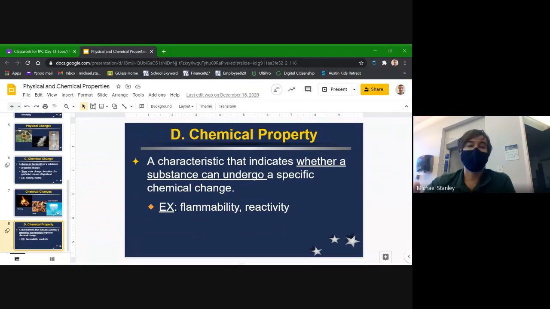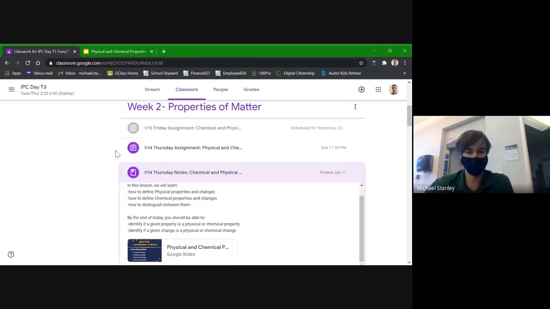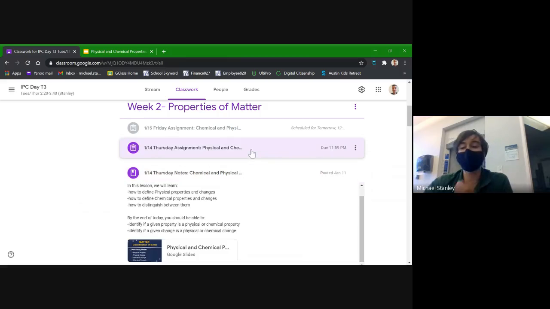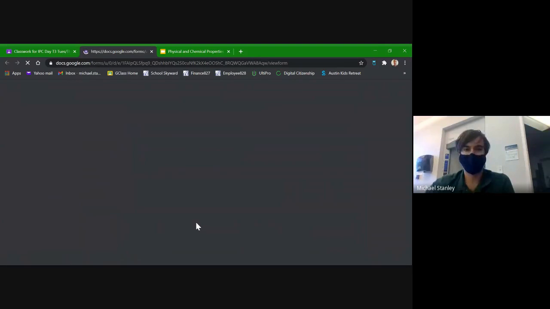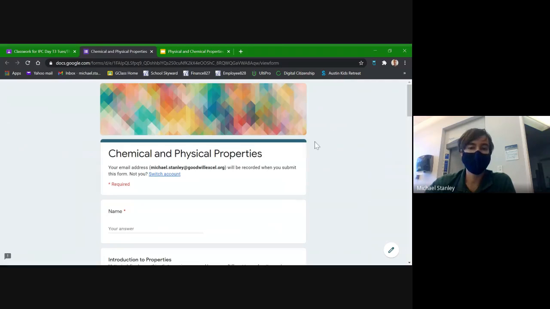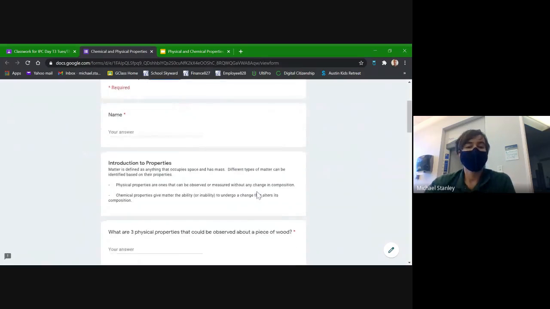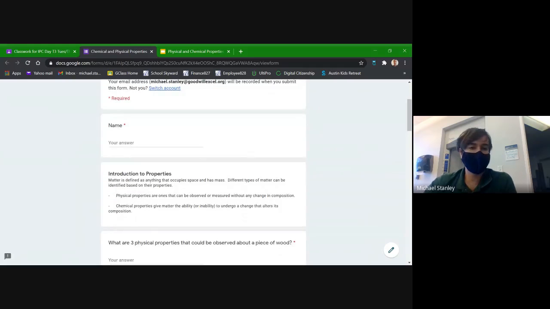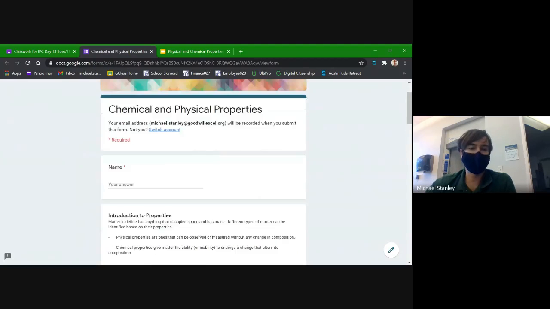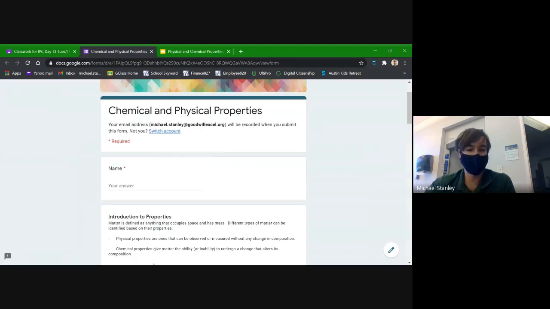For the homework that you guys are going to do relating to these different topics, I split it up into two pieces, one for today and one for tomorrow. So today's assignment, which has already been posted, gives you a quick reminder of our physical properties, or just properties in general.